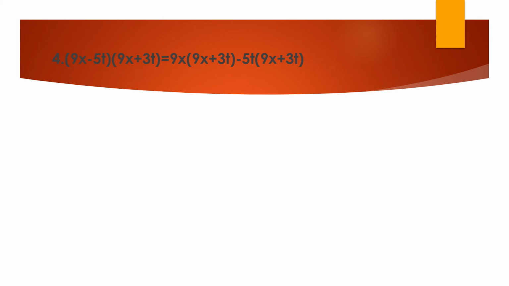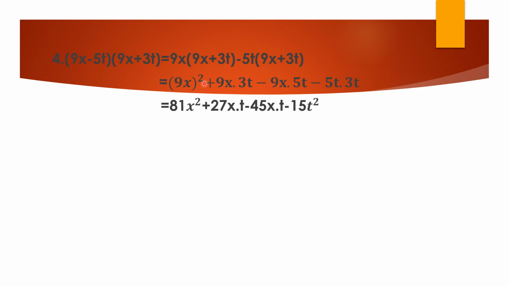The fourth example is (9x − 5t)(9x + 3t). Now 9x(9x + 3t), multiplication of the first term of the first bracket with the second bracket, minus 5t(9x + 3t). Now 9x into 9x becomes (9x)², plus 9x into 3t, minus 9x into 5t, minus 5t into 3t.